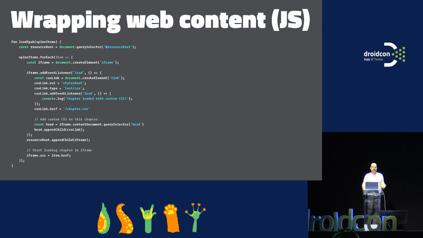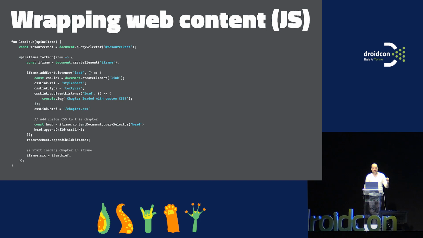Now, when that item has been loaded, we get an event. So the load event is triggered. And inside there, we're going to inject the CSS that is relevant for that chapter. And we create this CSS ourselves. So first we create the link, which is the HTML element that you use for including style sheets. We define the attributes for that one and set those. We set another callback, a load callback, for listening for the load events on this element.